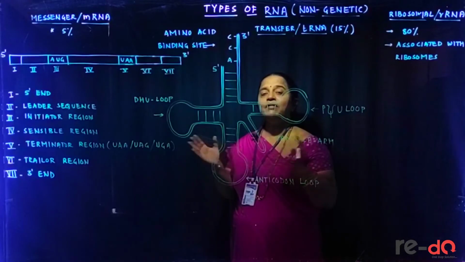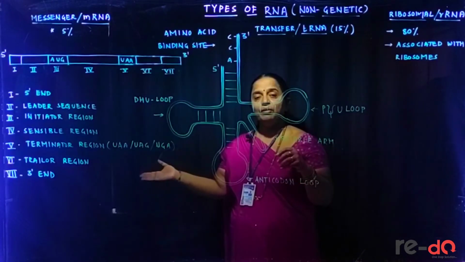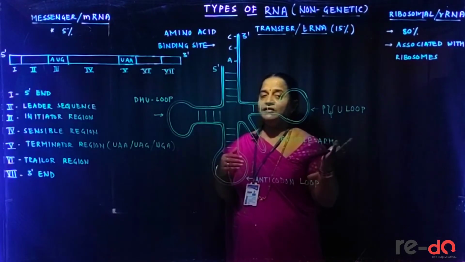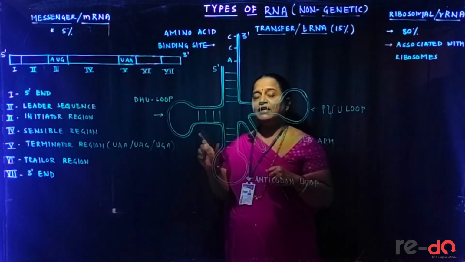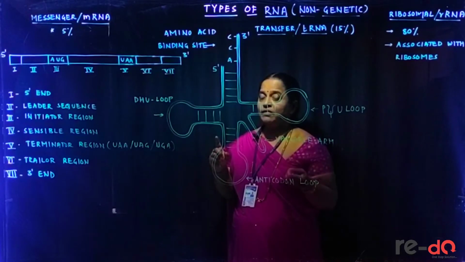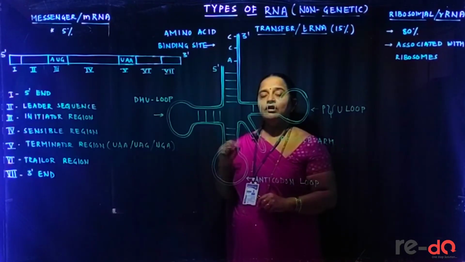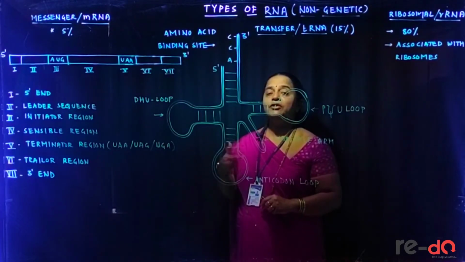You take any messenger RNA from the universe, it may be from prokaryotic or eukaryotic, from unicellular or multicellular, any type of cell you take, messenger RNA has the initiator codon AUG. Sometimes it is GUG. This initiator codon always codes for the amino acid methionine.